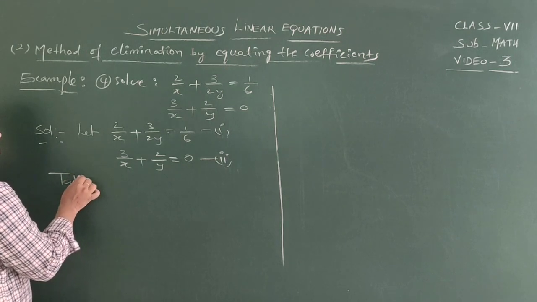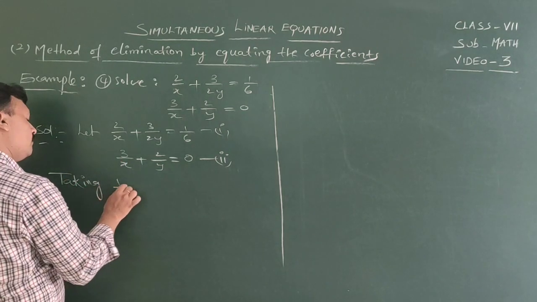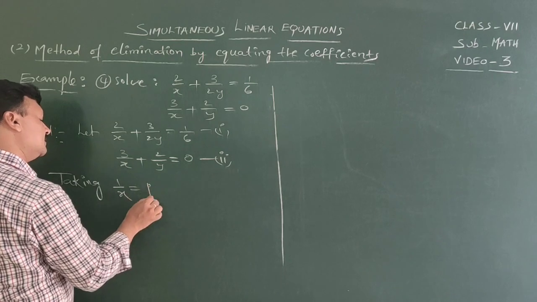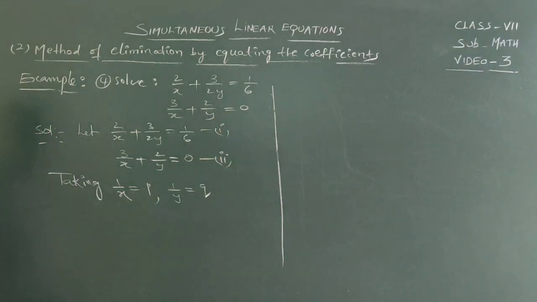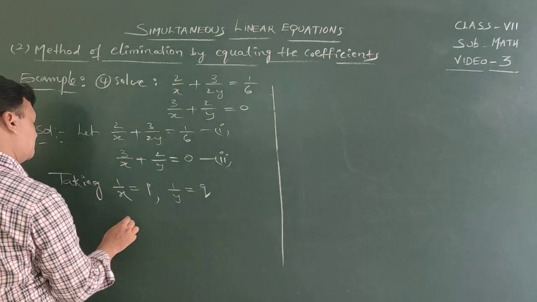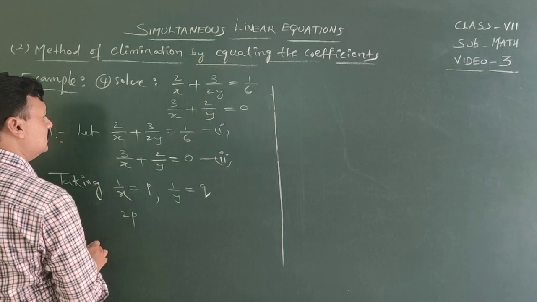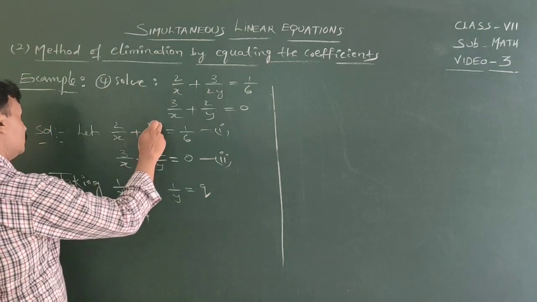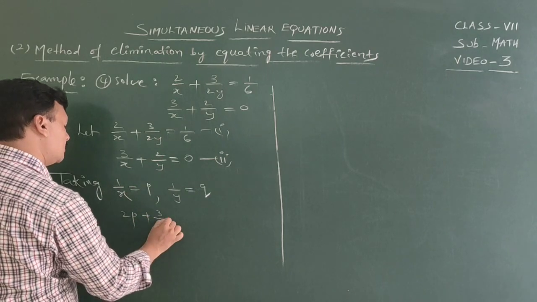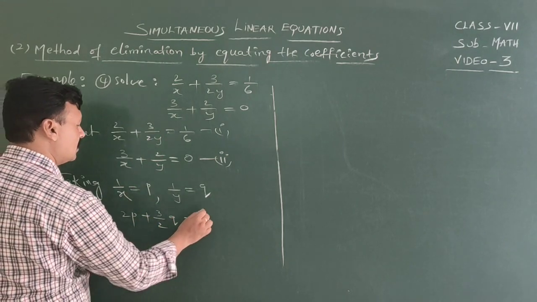Taking 1 by x equal to p and 1 by y equal to q, the first equation becomes 2 into 1 by x, meaning 2p, plus 3 by 2 into 1 by y, 3 by 2q, equal to 1 by 6.